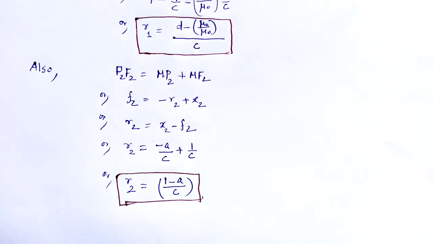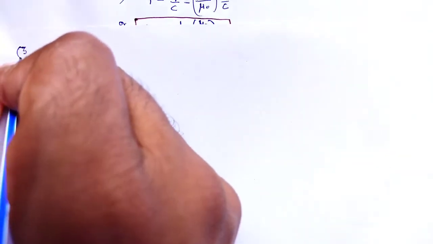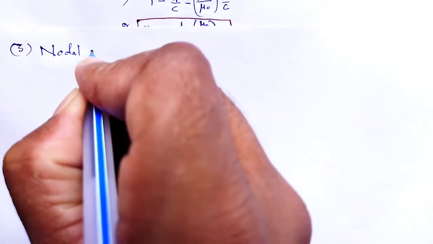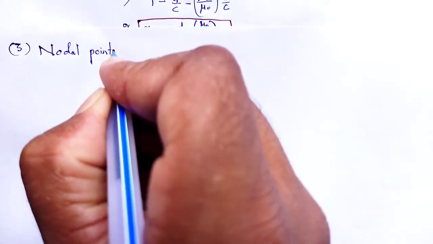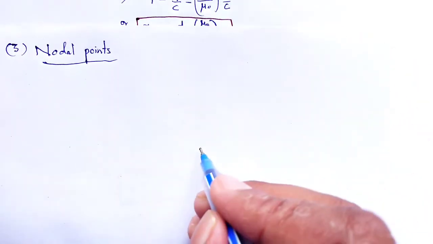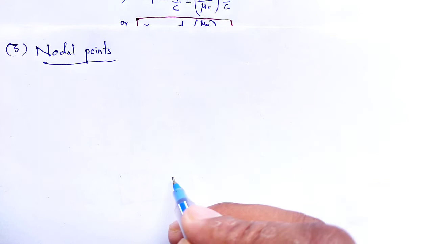Number 3, location of nodal points. Two nodal points: the first nodal point and the second nodal point. Let us look at that figure.